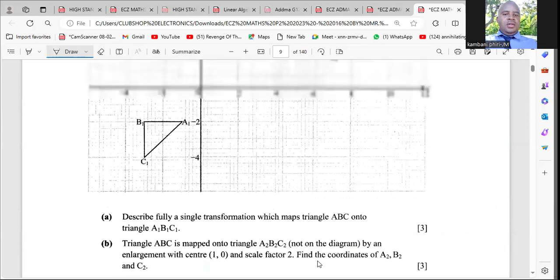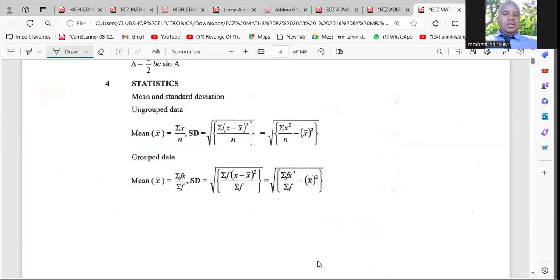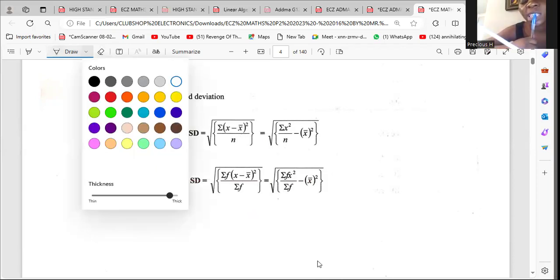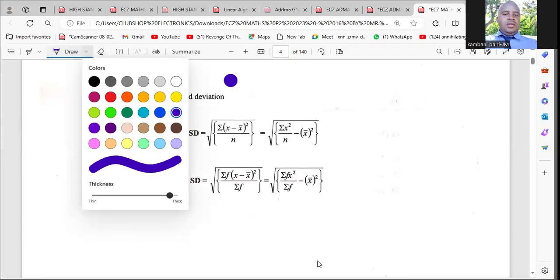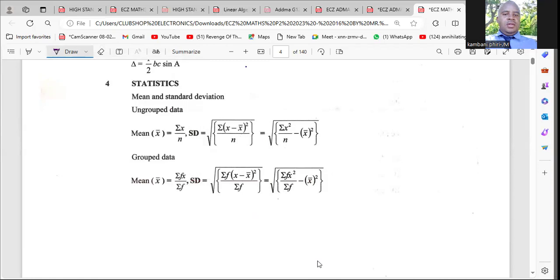On the first page, let me take you to the first page. Are you able to see these formulas given? Yes, sir. Yeah, so you can see they are saying statistics. For statistics, we have mean and standard deviation.